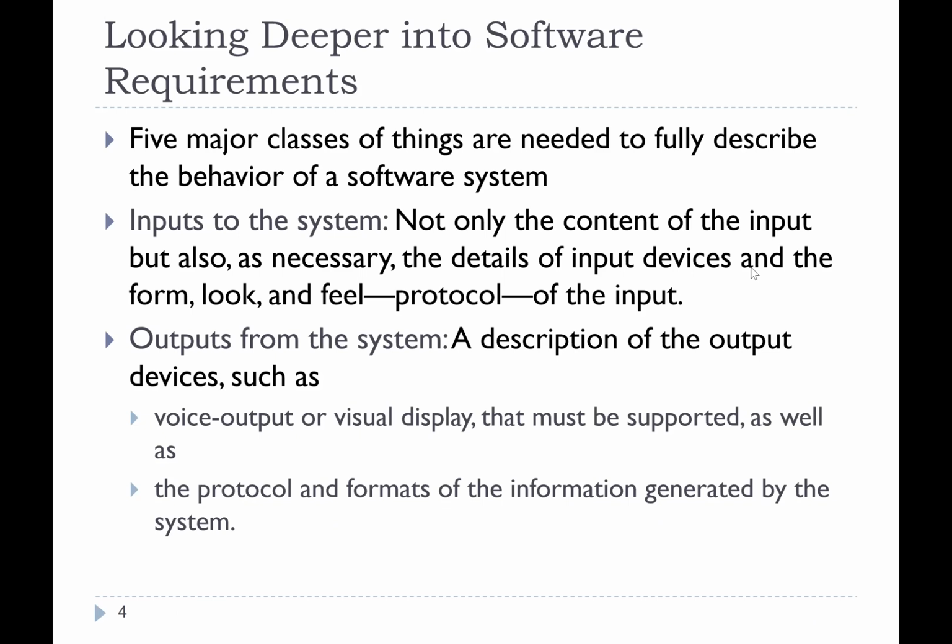The other thing is the output that the software or system exhibits. The output could be something audio, something visual, or some sort of machination, an activity that actually happens. For example, the ATM machine and how it produces the cash.